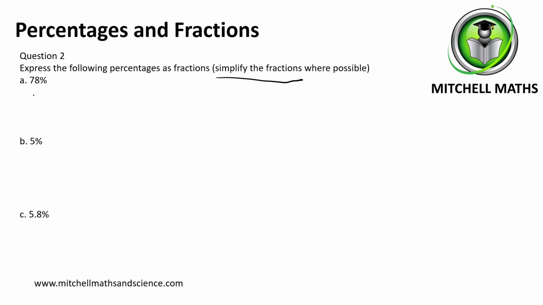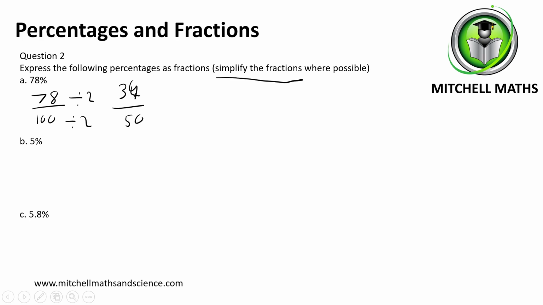78% as a fraction is 78 out of 100. And we can divide the top and bottom by 2. So 78 divided by 2 is 39 out of 50, which is our answer. Sorry, it's not 34, it's 39.